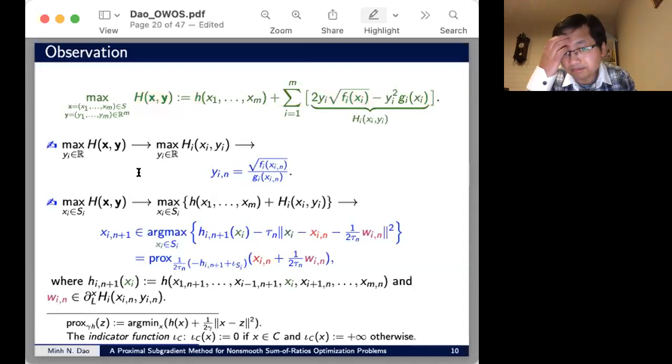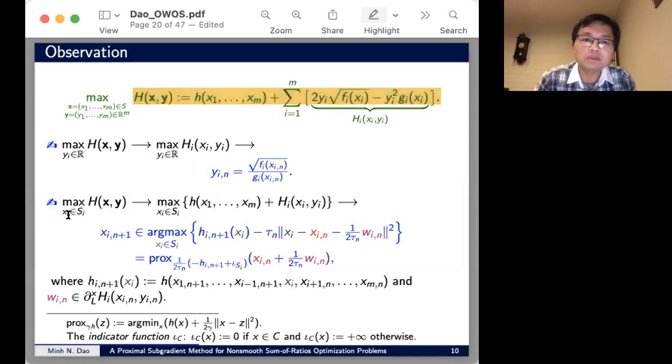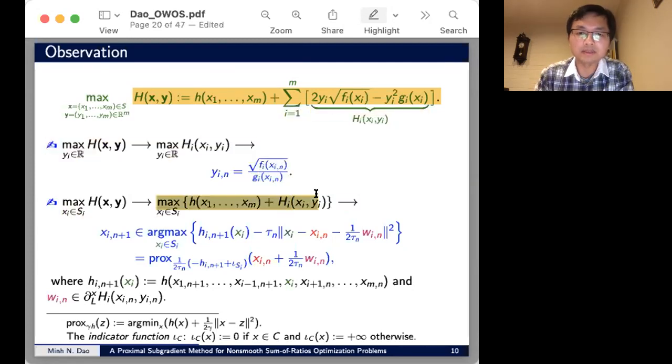Then we maximize the function h with respect to xi, and we can use a proximal subgradient method for this problem.